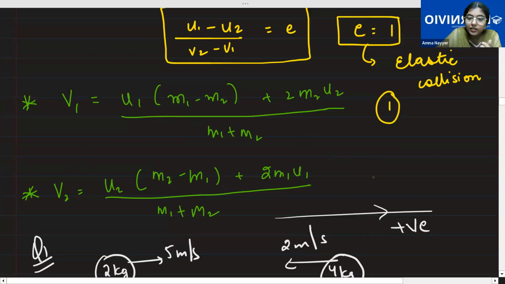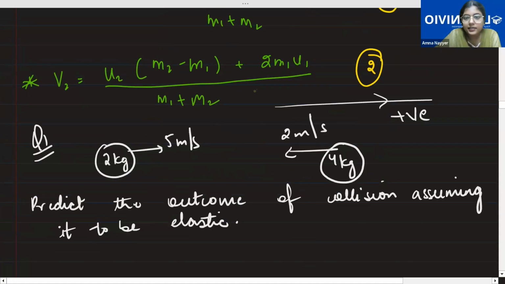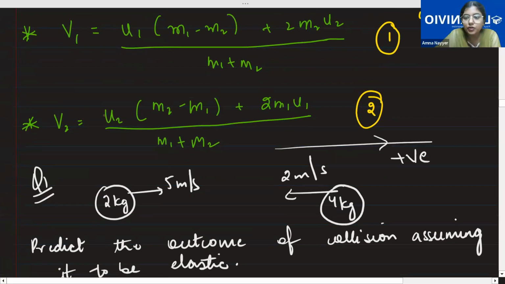And the final velocity of the second body is given by u2, m2 minus m1, plus 2 m1 u1, m1 plus m2 will be the same. Wherever you have 1, replace it with 2. So these are the two formulas for the final velocities v1 and v2, which you should remember.